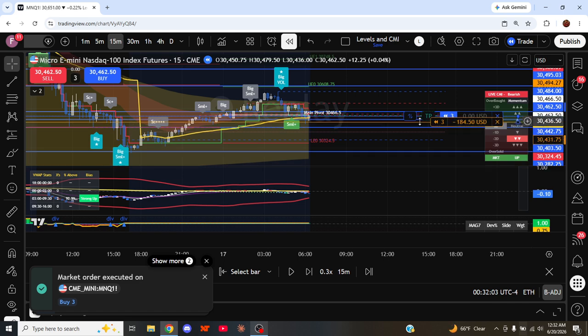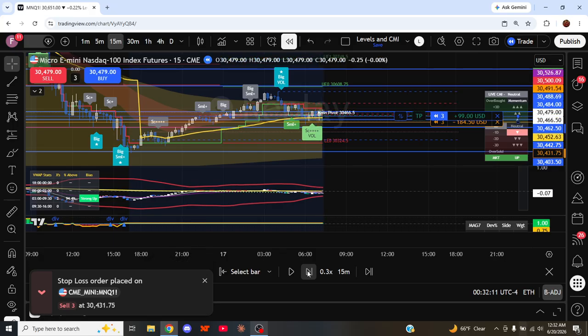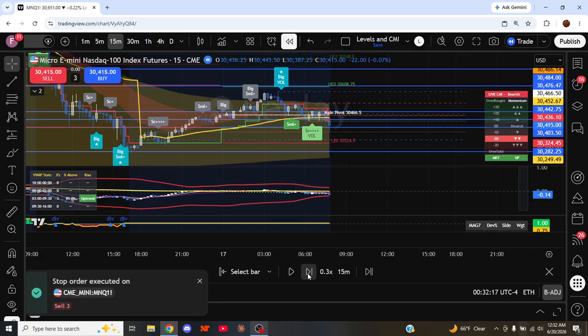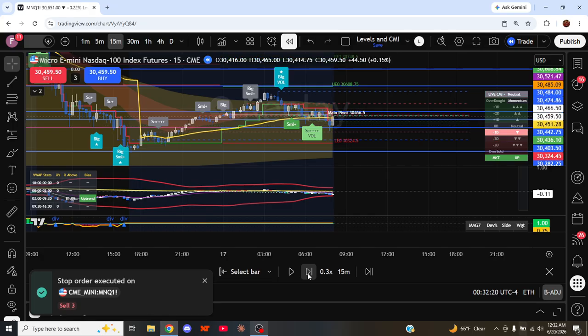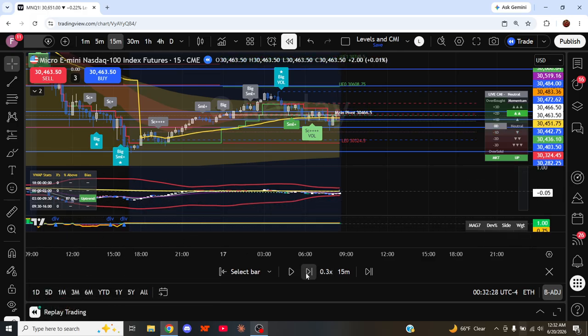Just put it over here. Scalp tag. Damn. So now we're crossing VWAP a lot. Still spending time above, so it's still bullish.